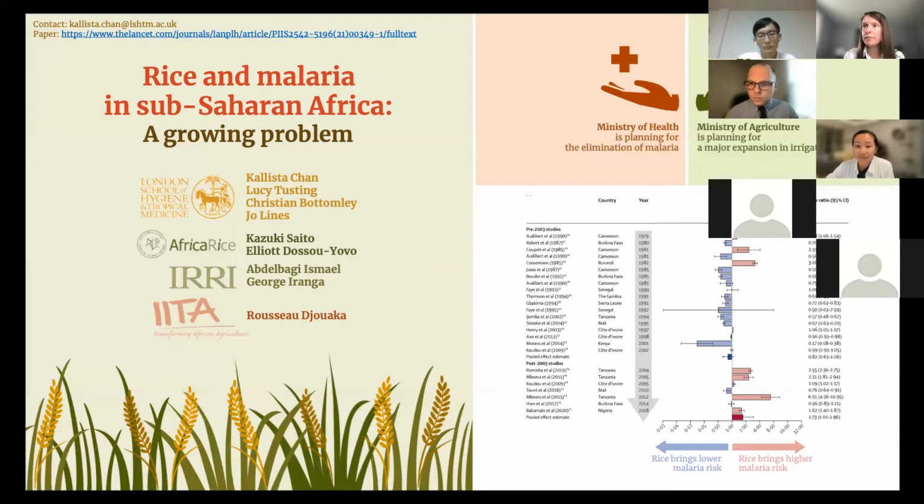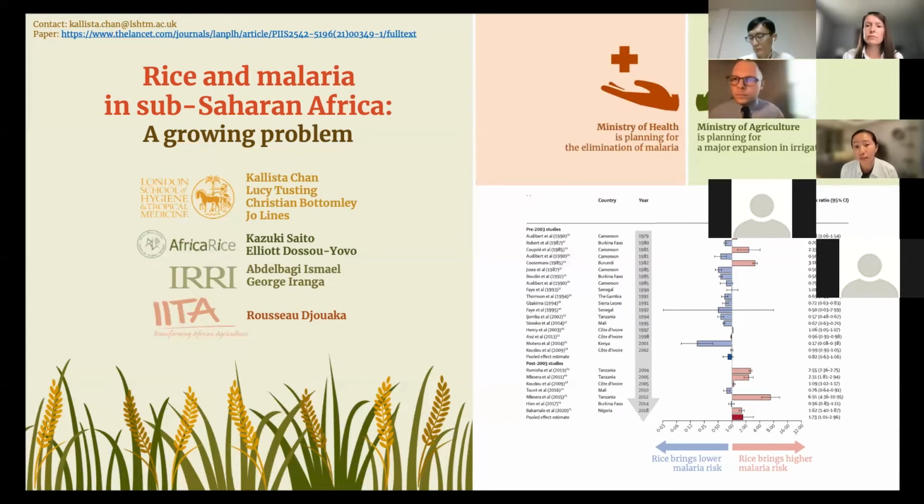I was wondering, I'm assuming these were all from clinical cases, but was there any entomological work that describes the type of vectors and the number of vectors and how they changed pre and post, comparing rice versus non-rice areas? Yeah, so we did both entomological and epidemiological indicators. The entomological indicators showed that Anopheles gambiae SL, which includes Arabiensis and Gambiensis, as well as Funestus, were all increased in rice areas.